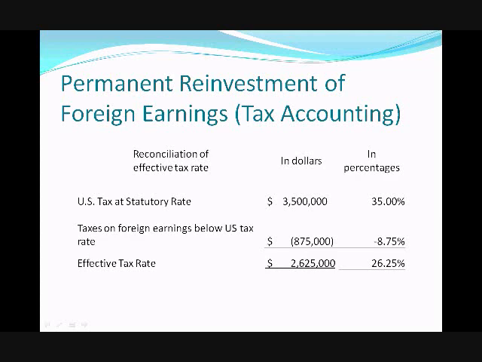So the $2.5 million subsidiary earnings times 35% federal tax rate will yield a $875,000 decrease in the U.S. tax. The $875,000 divided by the $10 million consolidated income will decrease the statutory U.S. tax rate of 35% by 8.75%, resulting in a total 26.25% effective tax rate.